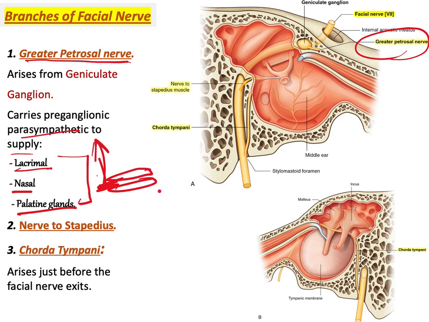But the chorda tympani arises here, as you see, and let us look here. This is another view, the internal view. It passes up behind the incus and malleus, between the incus and malleus.